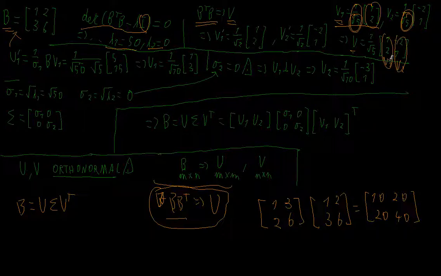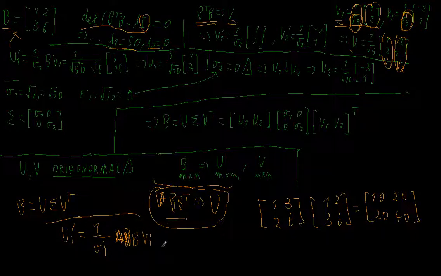Now we can use the formulas again. Here we need to write U sub i prime, you will see why in a minute. U sub i prime is equal to 1 over sigma i times A, here we have B, times V sub i.